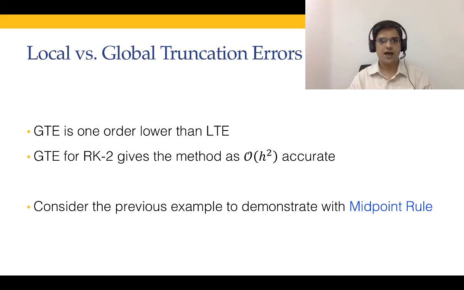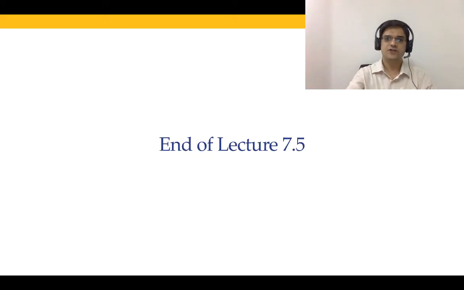What you can do as an assignment is you take the previous example and demonstrate it with the midpoint rule and see for yourself that, like the Euler's method, midpoint rule also gives us order of h square accurate global truncation error. With that, I come to the end of this lecture and indeed to the end of module 7.